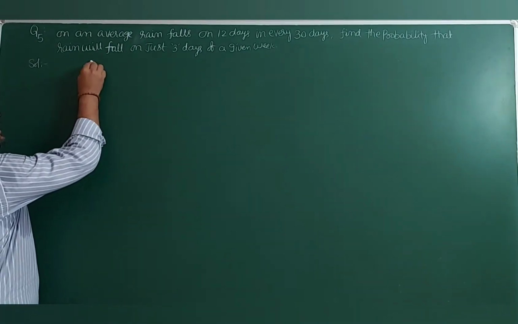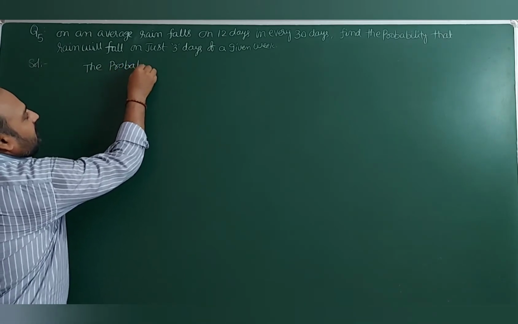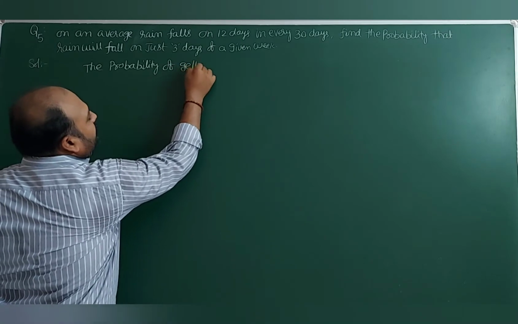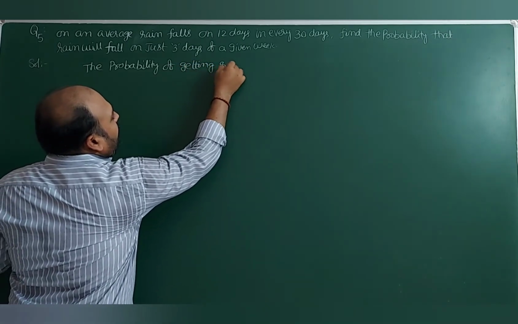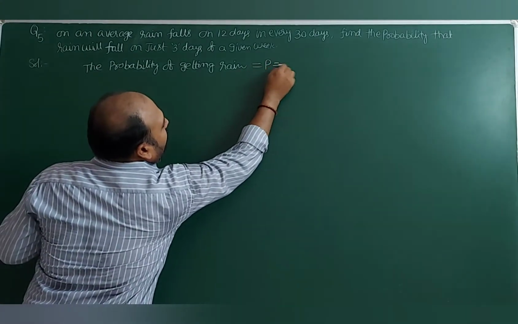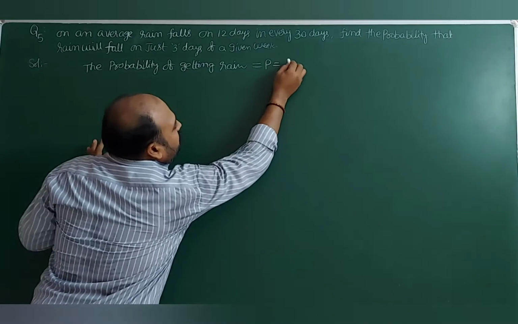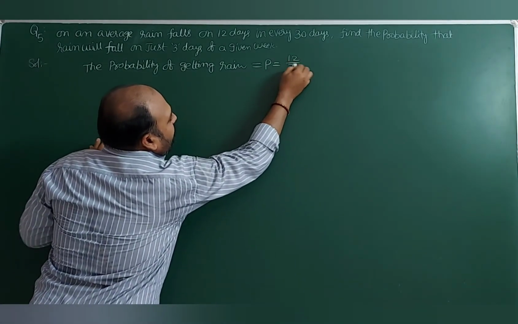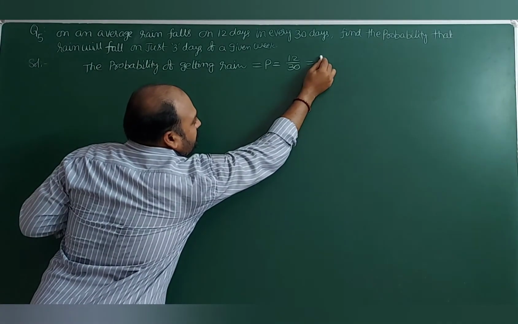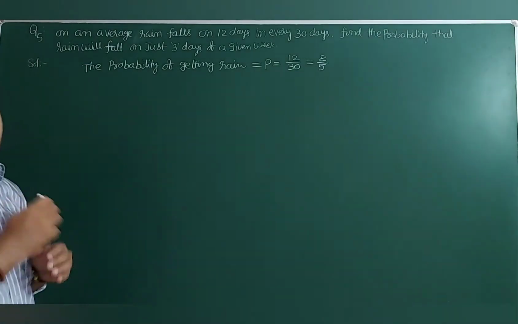So the probability of getting rain, I am taking as P. Out of 30 days, 12 days will be rainfall. So 12 by 30, which is equal to 2 by 5.